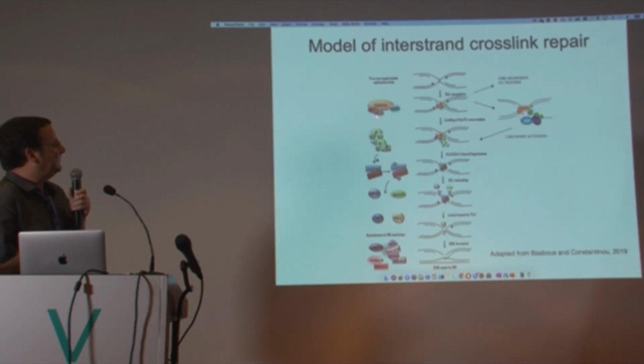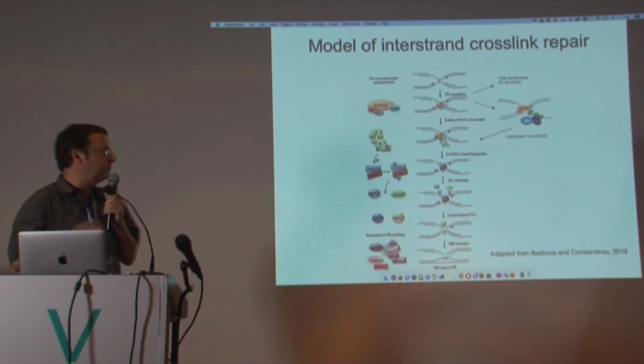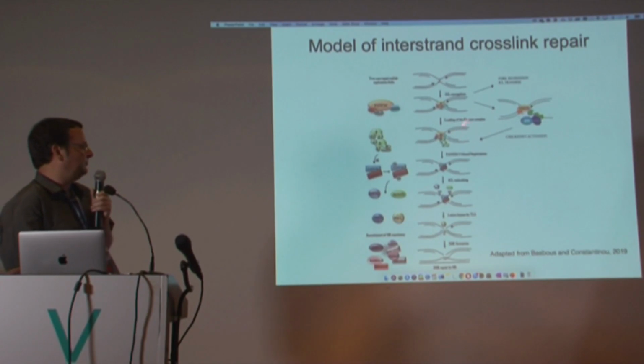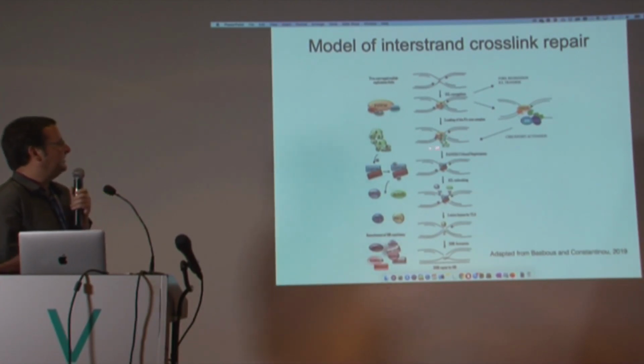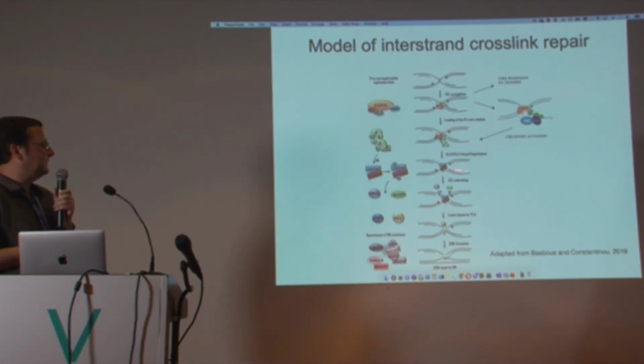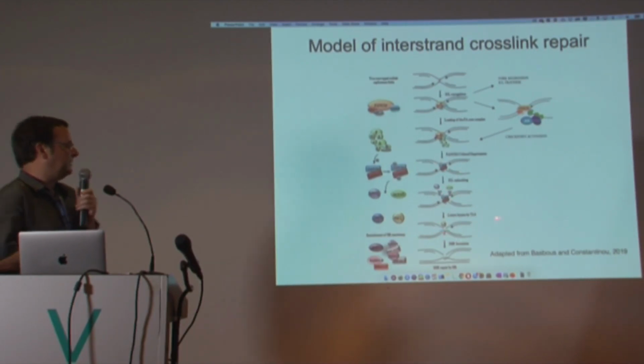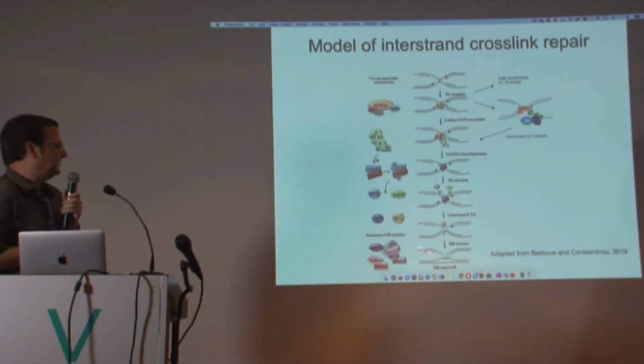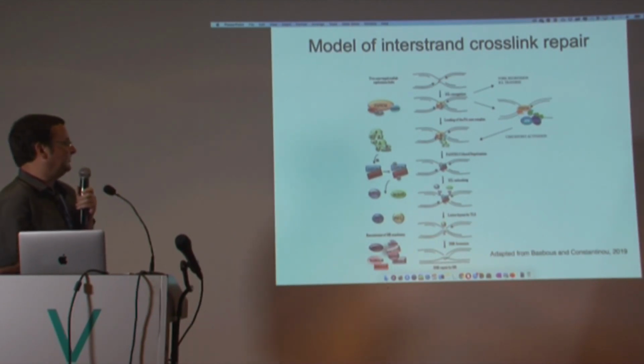Then FANCM comes to the crosslink, and this nucleates the assembly of the Fanconi anemia core complex, which is a large ubiquitin ligase that ubiquitinates FANCD2 and FANCI, and that creates a platform for the recruitment of the nucleases that incise on both sides of the lesion, and the repair is completed by translesion synthesis and homologous recombination.